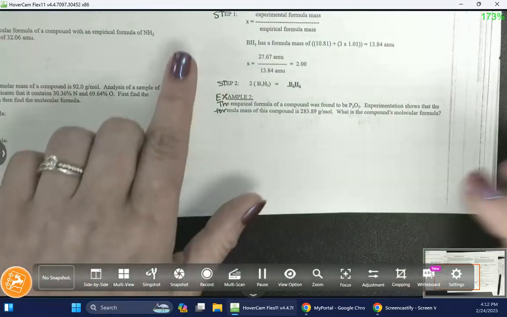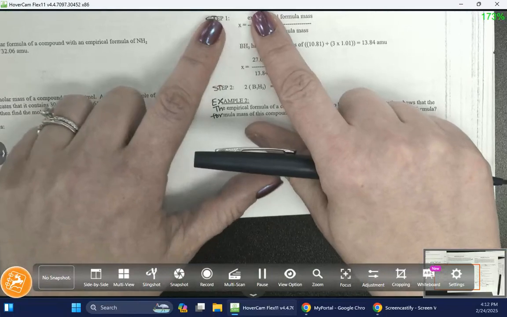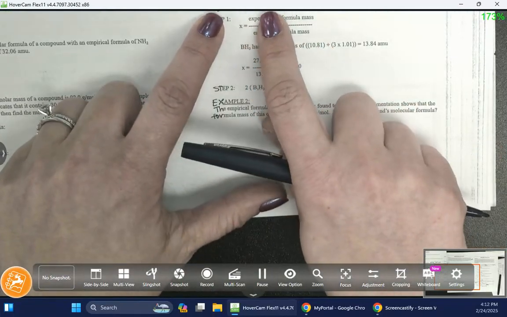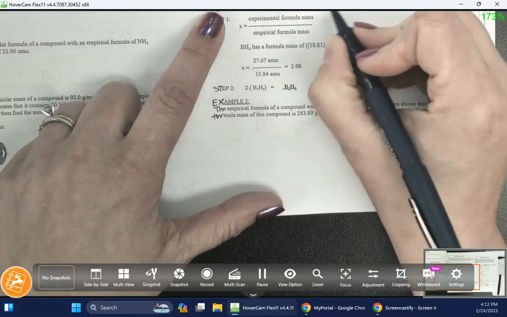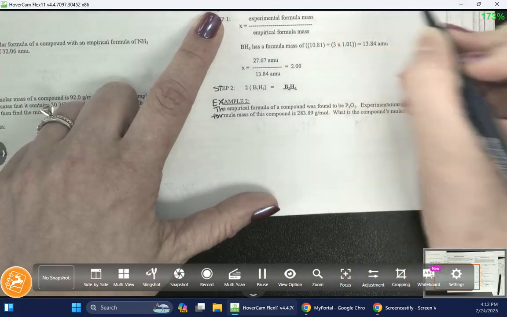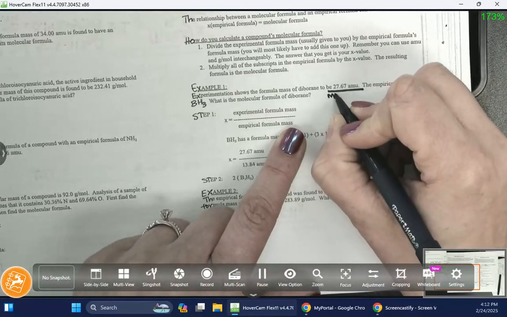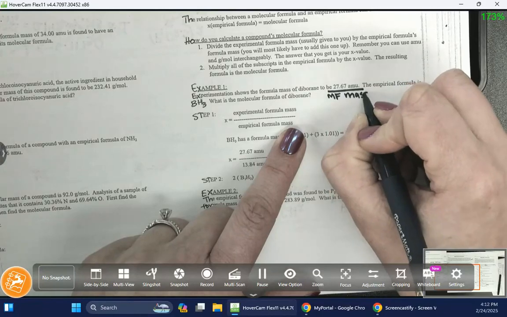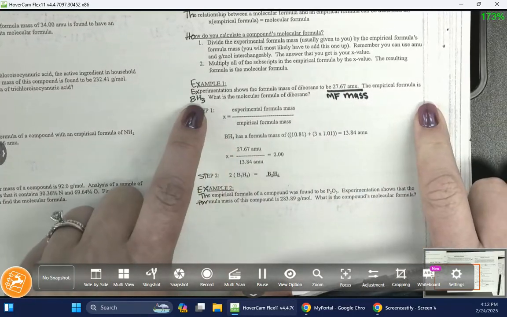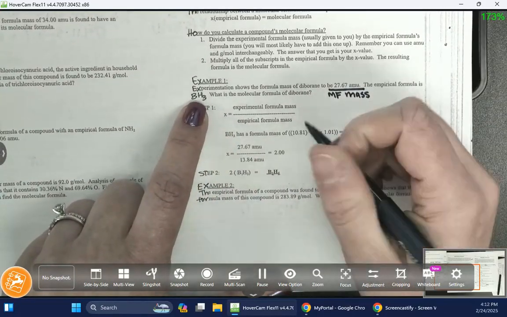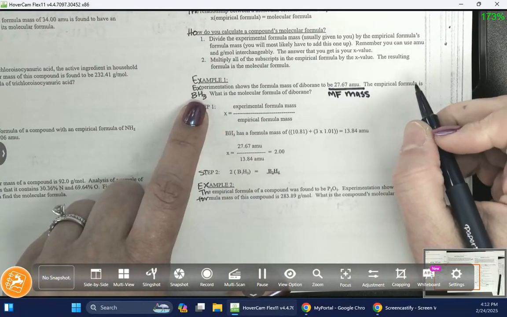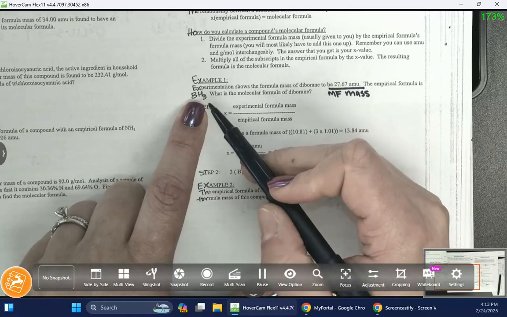All right, so looking at example 1, it says experimentation shows the formula mass of diborane to be 27.67 AMU. That is your molecular formula mass. The empirical formula is BH3, so we would have to get the empirical formula mass.